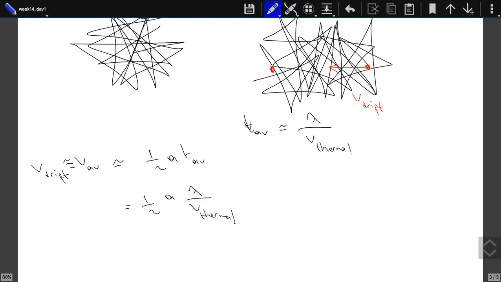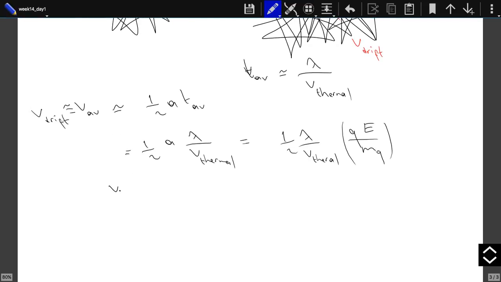Or let's put in some more factors we know, 1 over 2 lambda over V thermal. Well, we know what A is. A is the force per mass. So the force is the charge times the electric field divided by the mass of the charge. So this is our drift velocity.